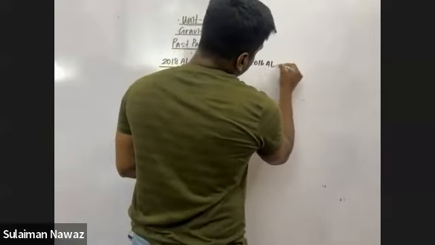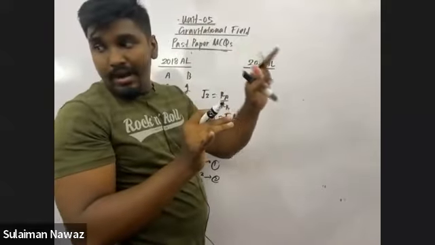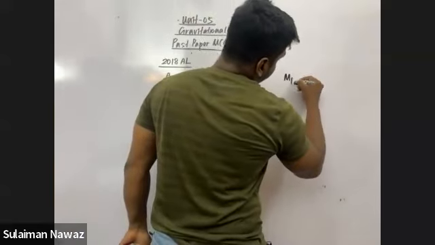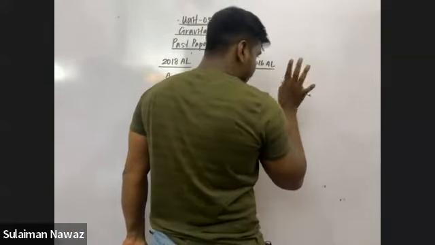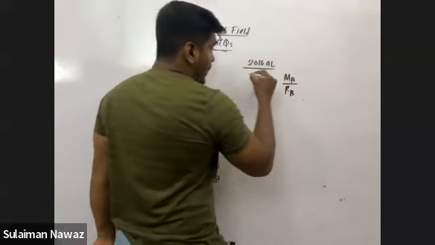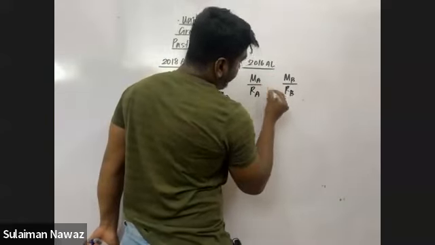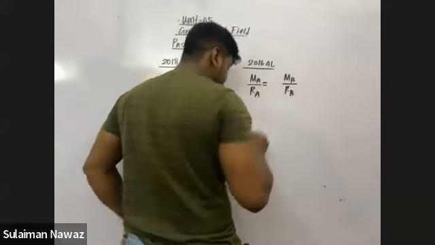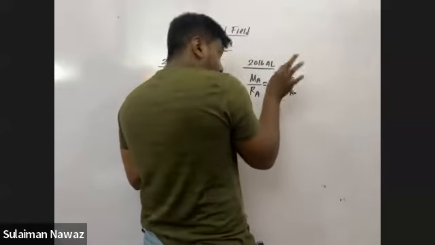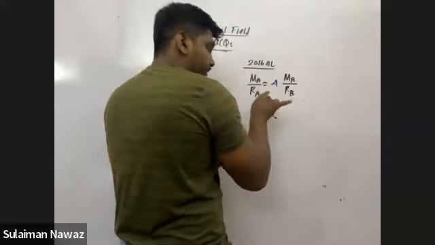In this case, mass of planet, radius of planet. I say the mass of planet B is MB and the radius of planet B is RB. Now they mentioned the mass of planet A over the radius of planet A is 4 times the mass of planet B over the radius of planet B. Am I correct?